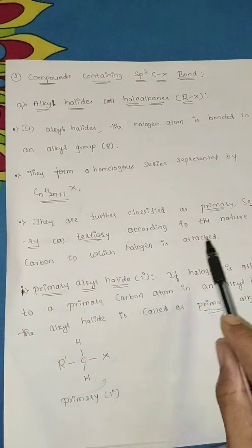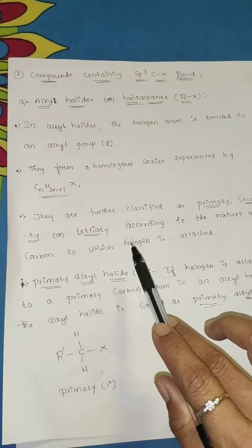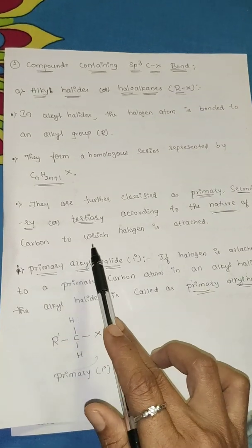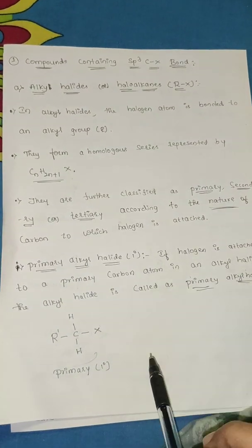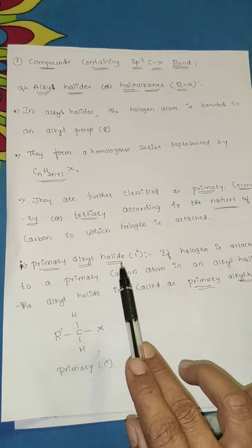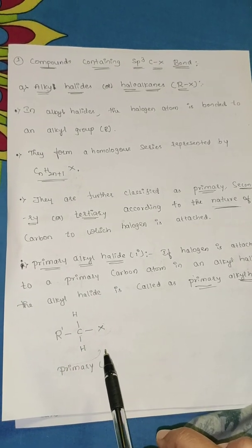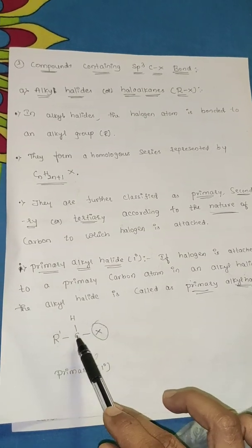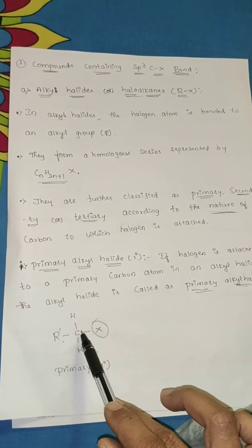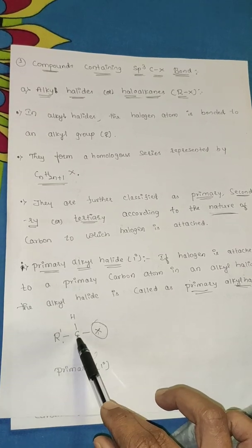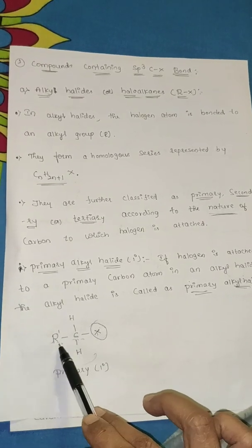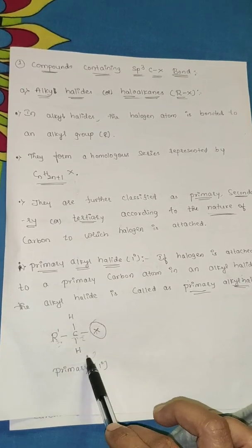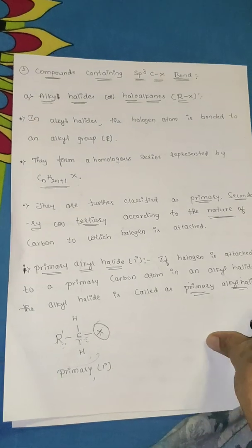They are further classified into primary, secondary or tertiary according to the nature of the carbon to which the halogen atom is attached. For example, primary alkyl halide. What is the meaning of primary alkyl halide? If the halogen atom is attached to a primary carbon atom, such an alkyl halide is called a primary alkyl halide.